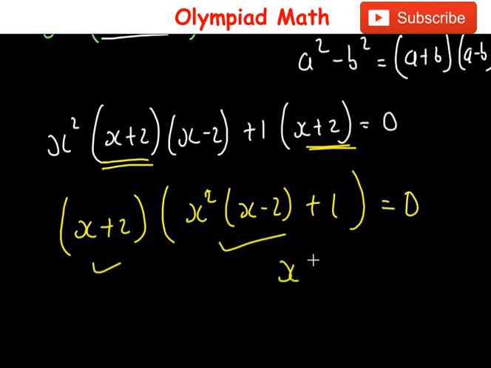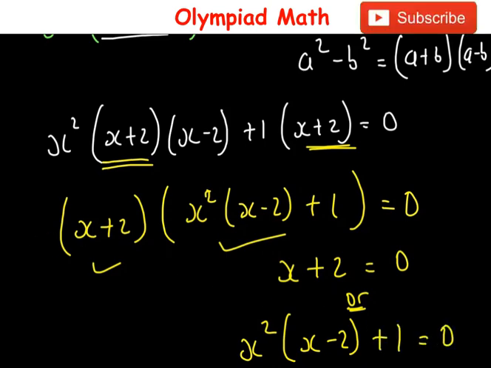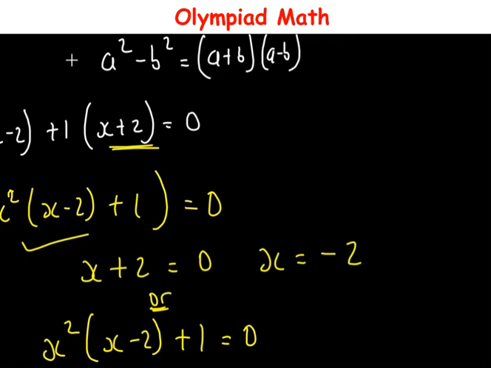So we have x plus 2 equals 0, or we have x squared into bracket x minus 2 then plus 1. This equals 0. So from this first linear equation, the value of x is equal to, move plus 2 to this side, we have minus 2. So we have the first solution of the value of x.